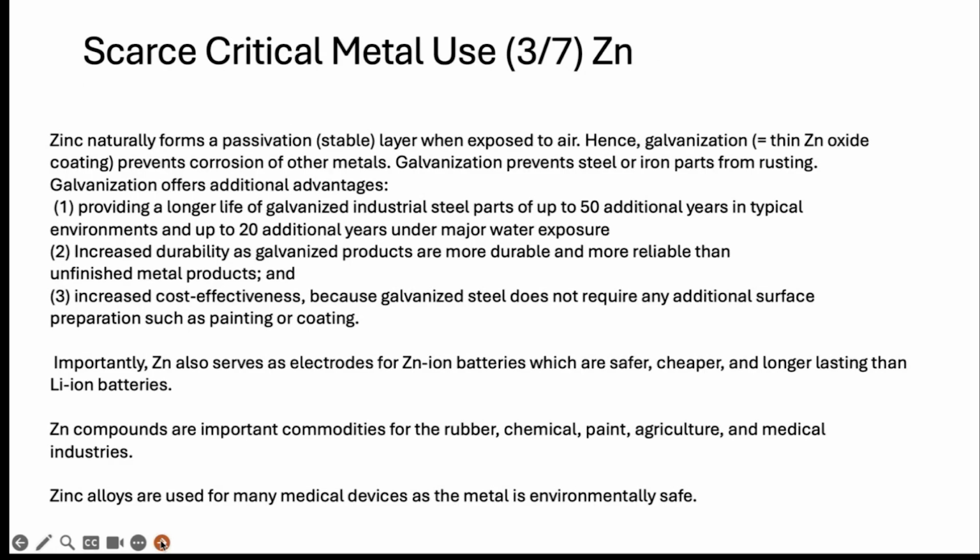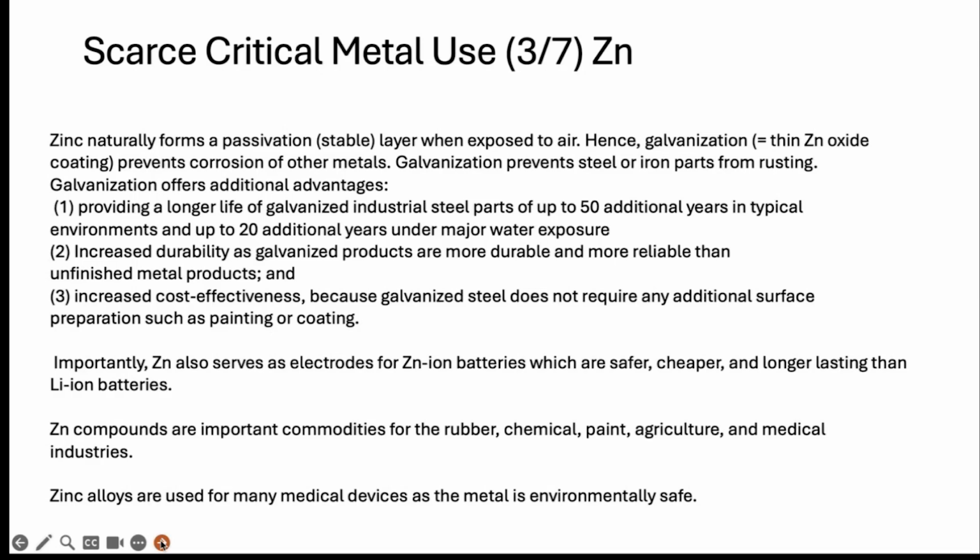Scarce critical metal number 3 is zinc. Zinc is interesting because it forms what's called a passivation layer when it's exposed to air. So that means it gets an oxide coating that stays put, doesn't flake off. So that's a stable layer. So a very important way to protect metals is to add a thin zinc oxide coating, which is called galvanization, I think after the Italian inventor Galvani.